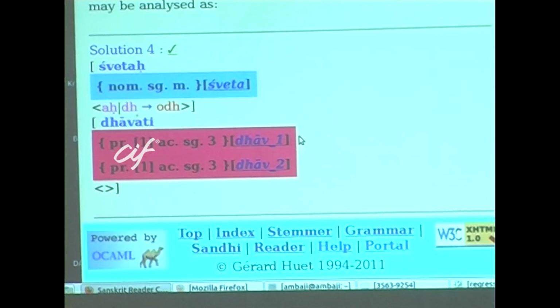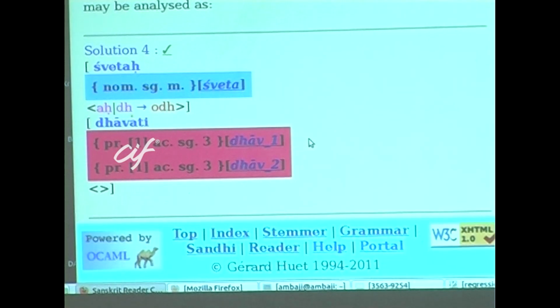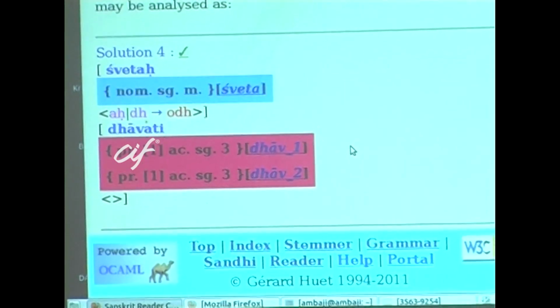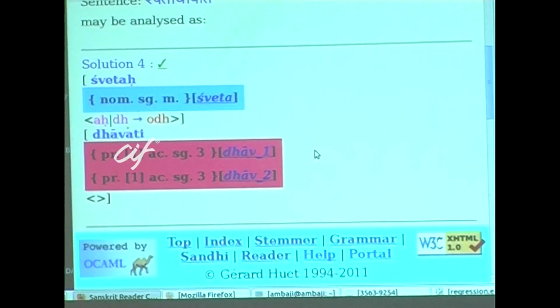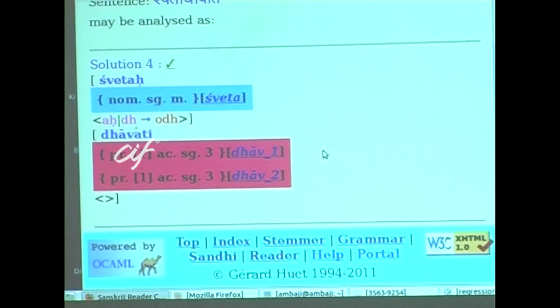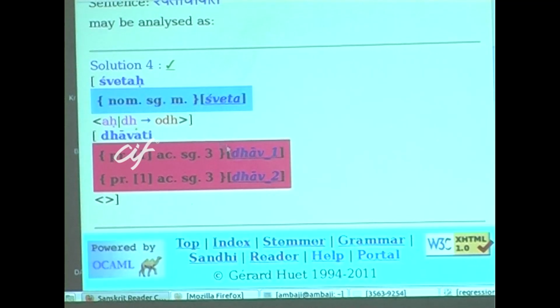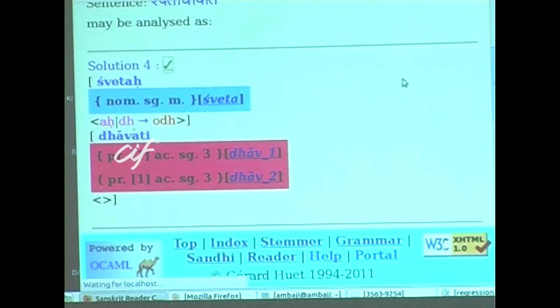Dhavati is washing and running. Washing and running, so it's ambiguous. So we know that something is running or something is washing. So let us look at how it analyzes this.